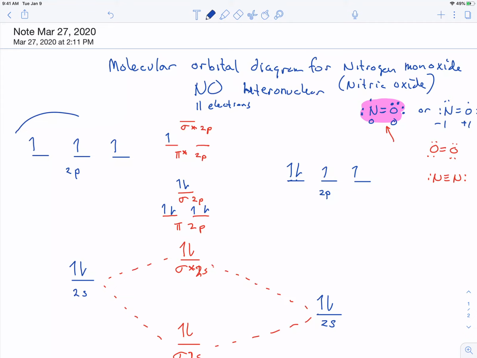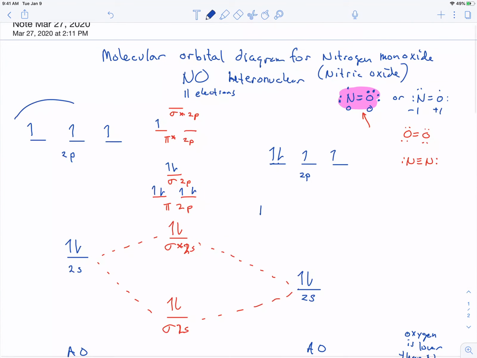If we want to find the bond order, that's going to equal 1/2 the bonding electrons minus the antibonding electrons. So how many bonding electrons do we have? Let's highlight those in blue. Those are all bonding electrons. So that's 2, 4, 6, 8. And we're going to subtract the antibonding electrons.